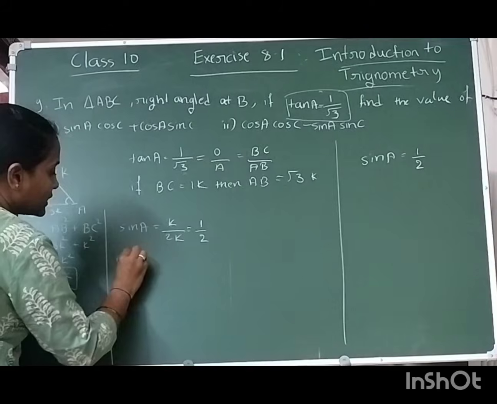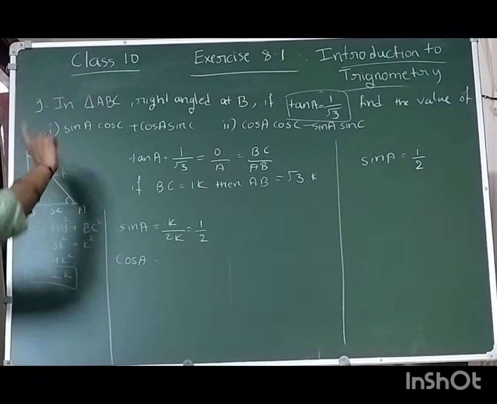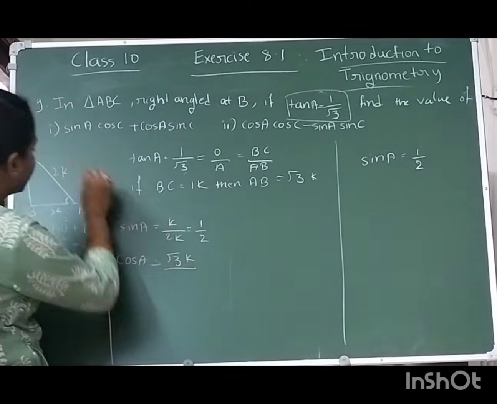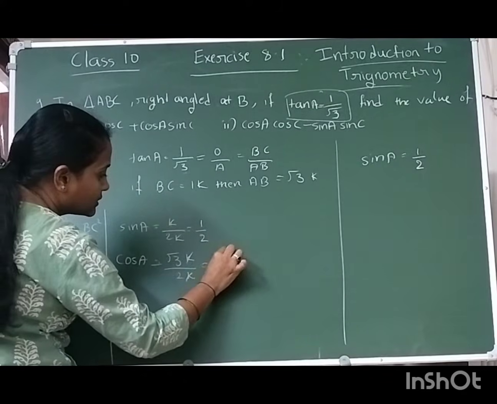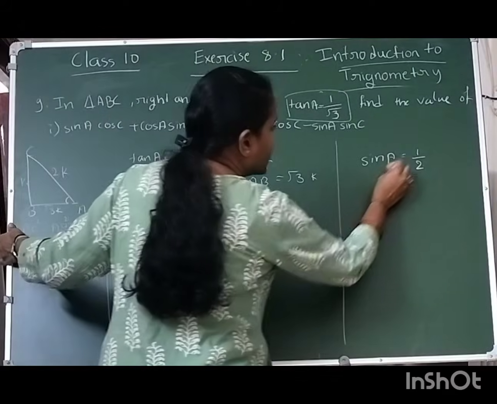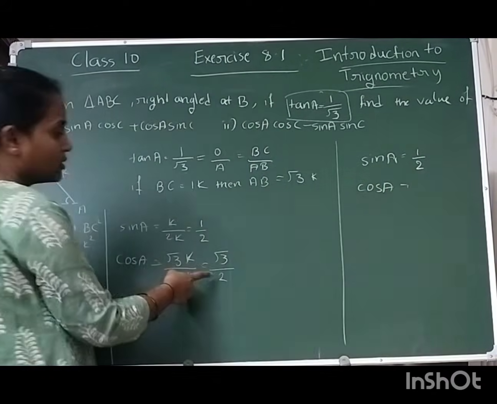Next is cos A. Cos A is adjacent by hypotenuse. So that is root 3K divided by 2K. So K will get cancelled. We'll get root 3 by 2. Let's assign that cos A is equal to root 3 by 2.